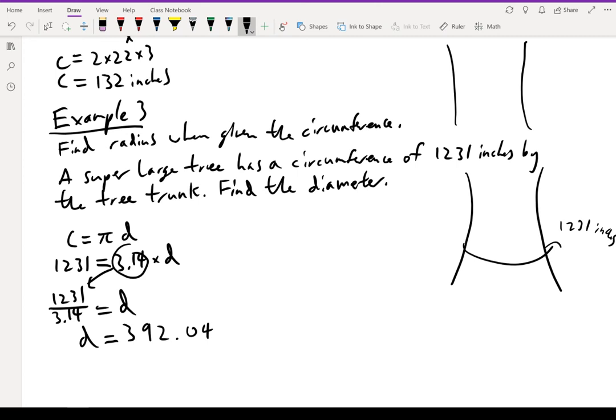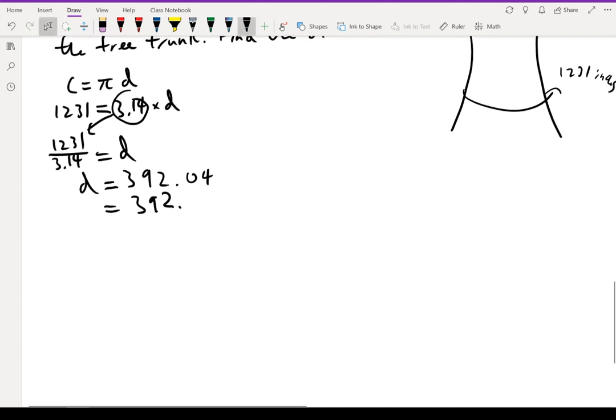Or if we want to round it to the nearest whole number, that will be equal to 392. So that is example 3. And that's pretty much our lesson today.